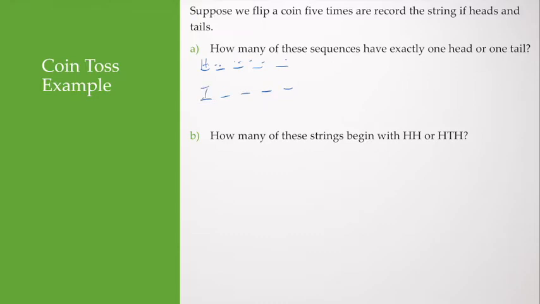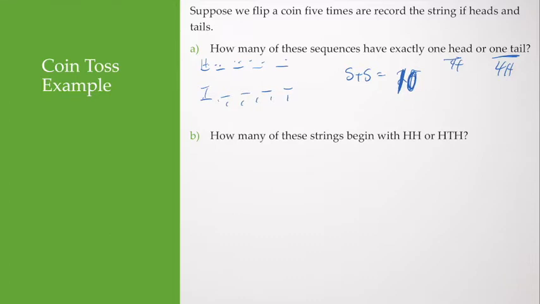The tail could be here, or it could be in any of the other 4 spots. So it'd be 5 plus 5, which is, sorry, 10, because we aren't multiplying. And these are mutually exclusive events, because if you have exactly one head, you've got 4 tails, and if you have exactly one tail, you have 4 heads, so they can't occur at the same time.